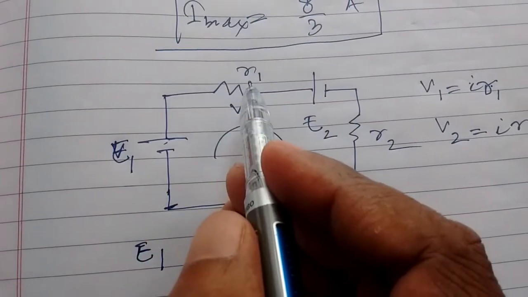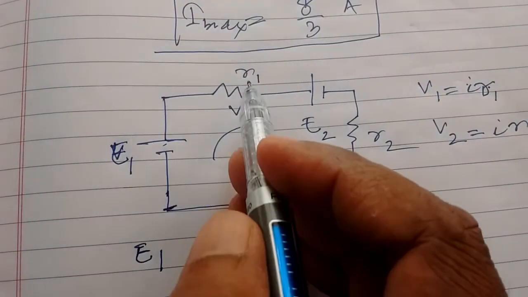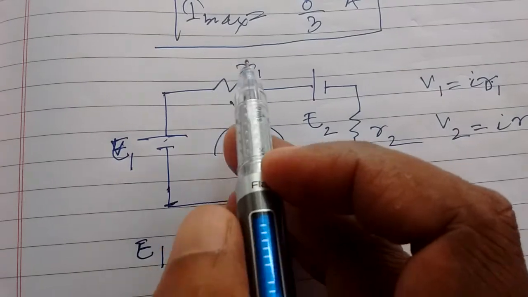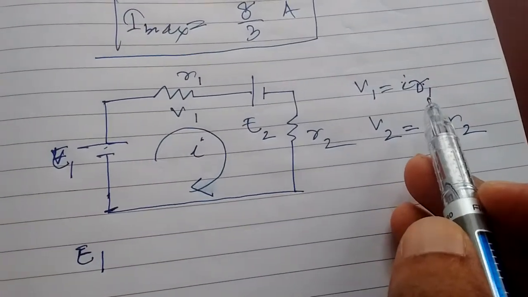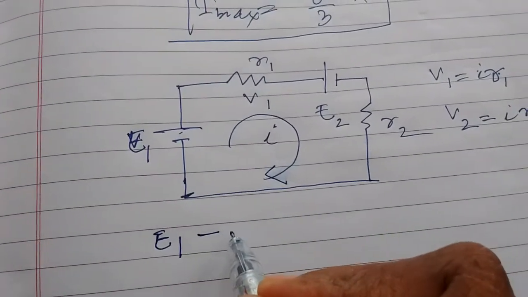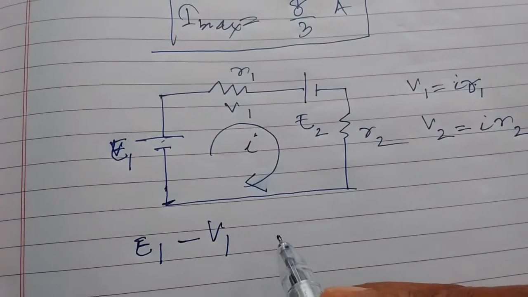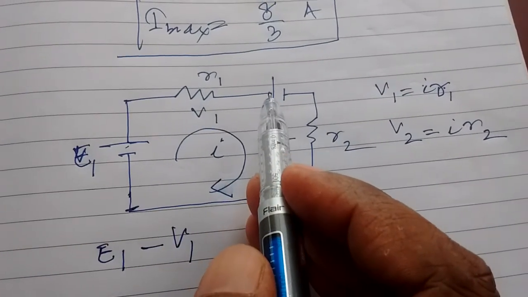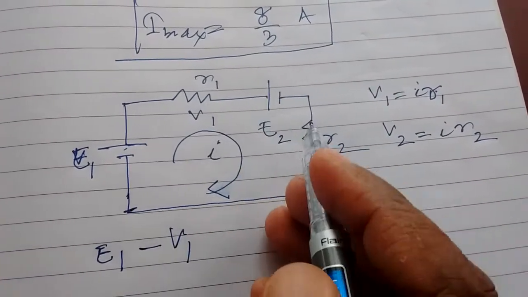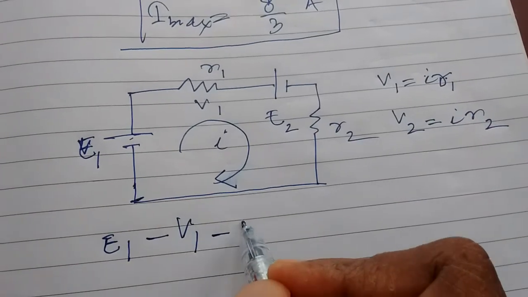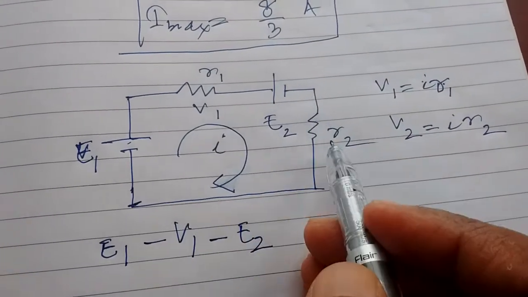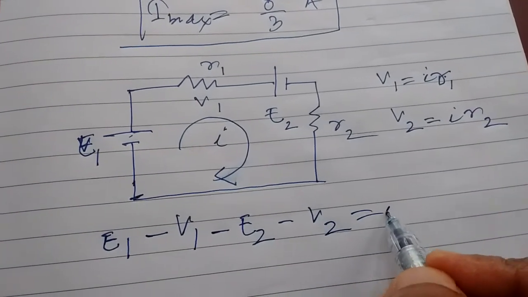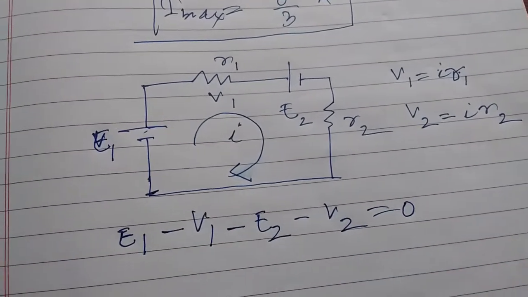Then if you go like this, it is a drop, that means some potential is dropped across this resistor in the form of IR1. That's why I will put a minus sign here, V1. Again here, we are going from positive to negative, that means this is also a drop, so minus E2. Again this is another drop, so minus V2. This is the sum total of all the potential differences and this is equal to 0.